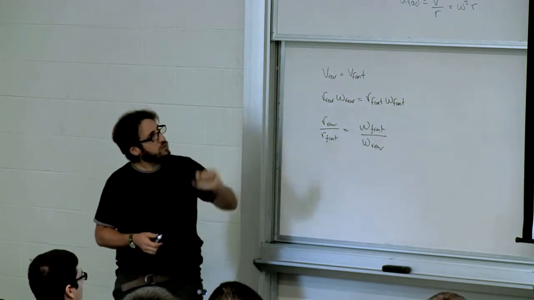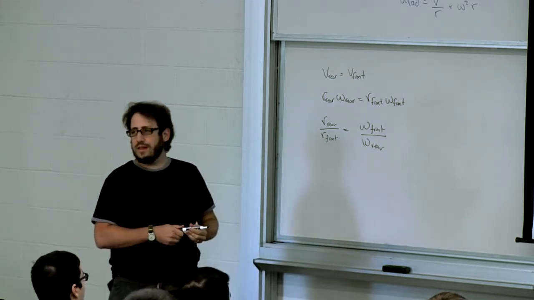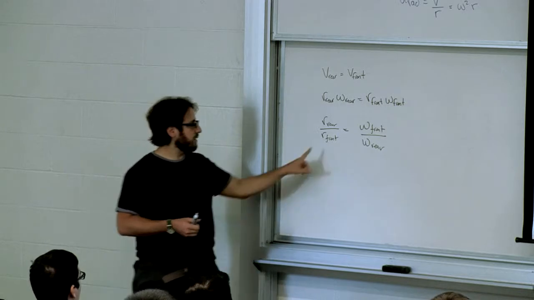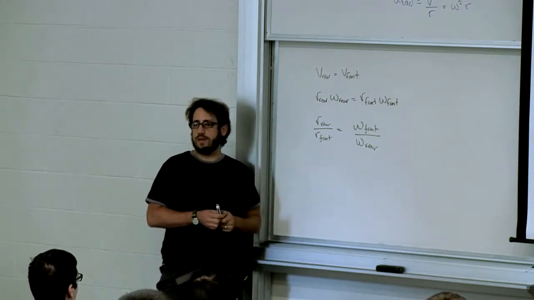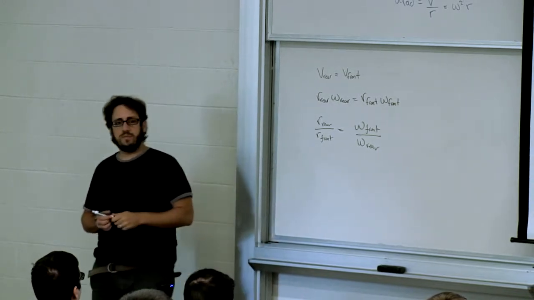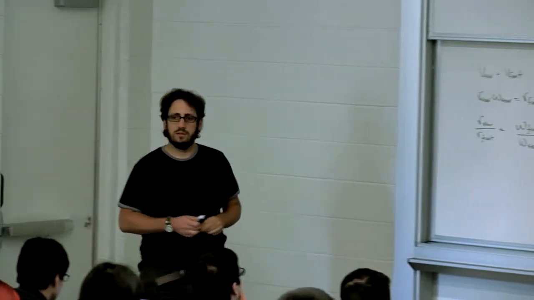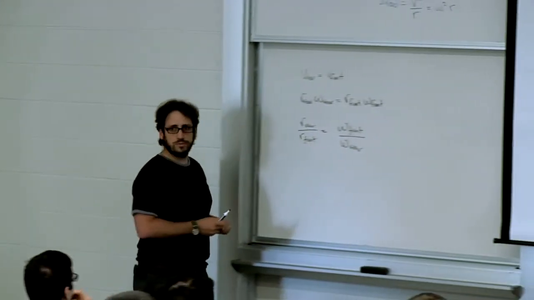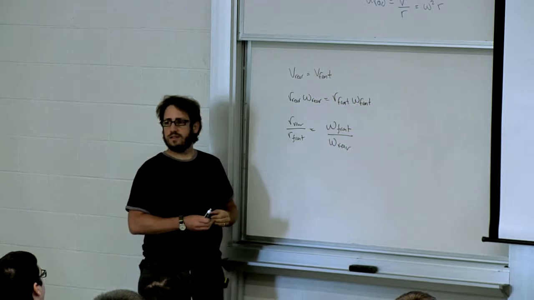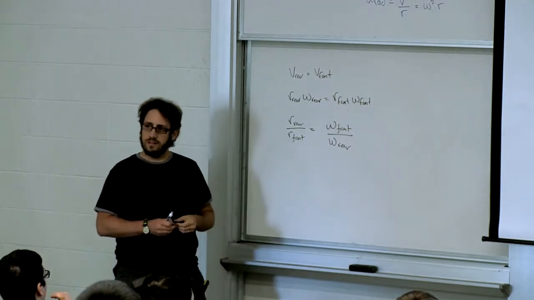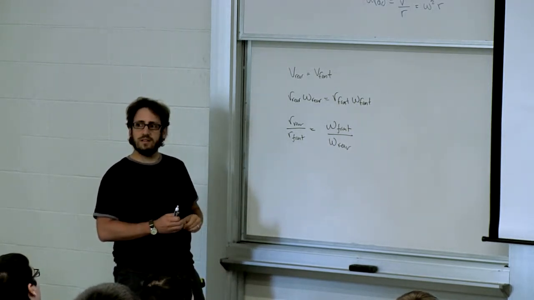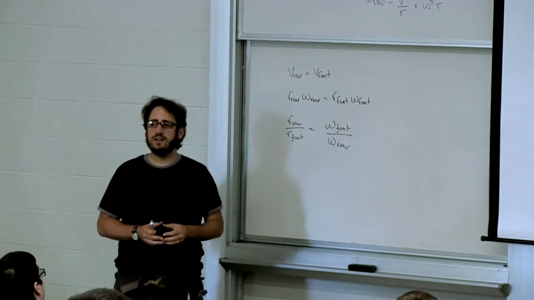Okay, but this asks us to relate it to the number of teeth, right? Not to the radius. What's the relationship between the radius of the wheel and the number of teeth? What's that? By the length of the circumference of the circle. Uh-huh.